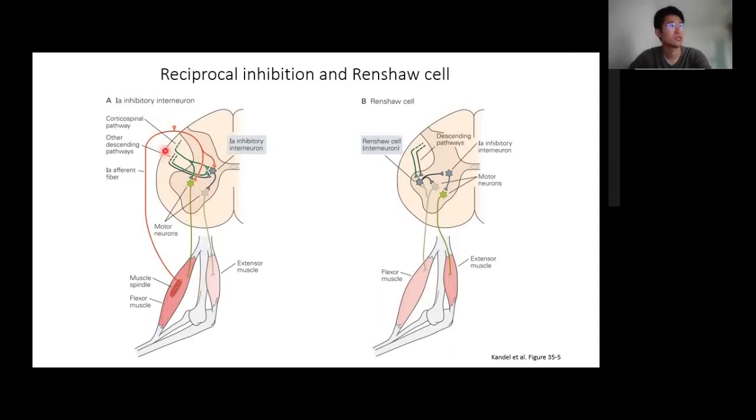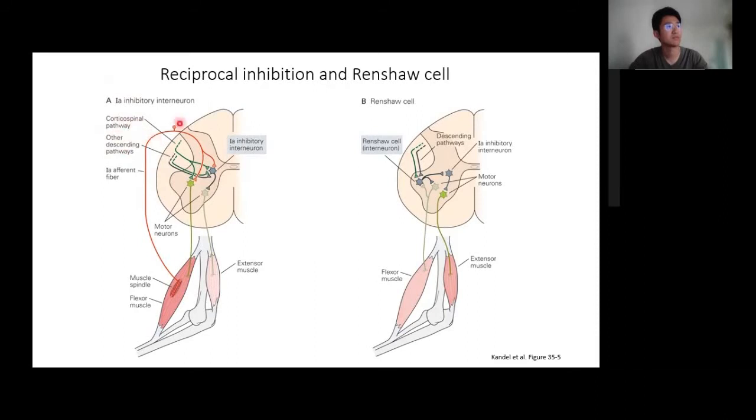But what is more here, we see these dashed pathways. These are signals from the brain, from the corticospinal system, so the upper level of the spinal cord. This means the brain can modulate this. They terminate on these interneurons and also on the alpha motor neuron.